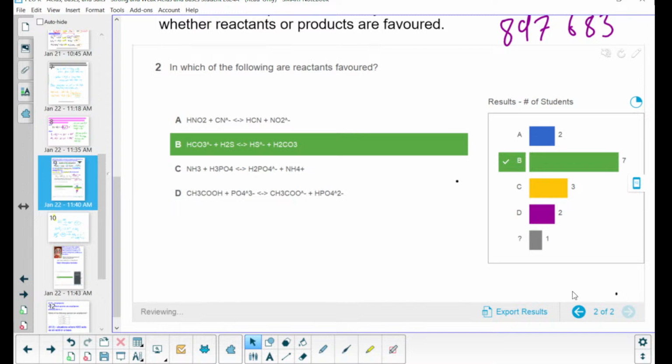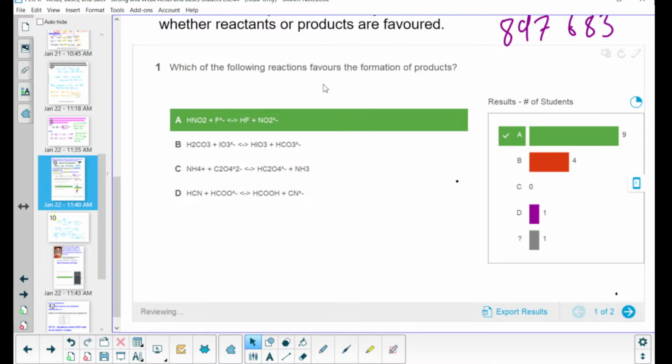For B, we got a lot more variation for this one. When it says which favors the formation of products, where does the weakest one have to be? On the product or the reactant side? Product side. Okay.